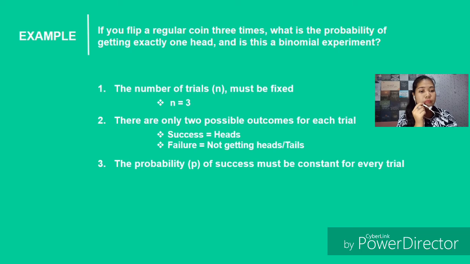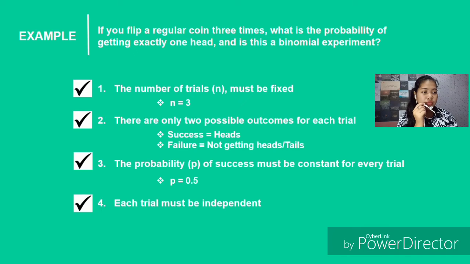In other words, the probability of getting heads is 0.5 and it stays that way every time the coin is flipped. And finally, the fourth condition is also satisfied because each trial is independent. Getting heads or tails for one trial doesn't change the probability of getting heads or tails for the other trial. Since all four conditions are satisfied, we know that this is a binomial experiment.